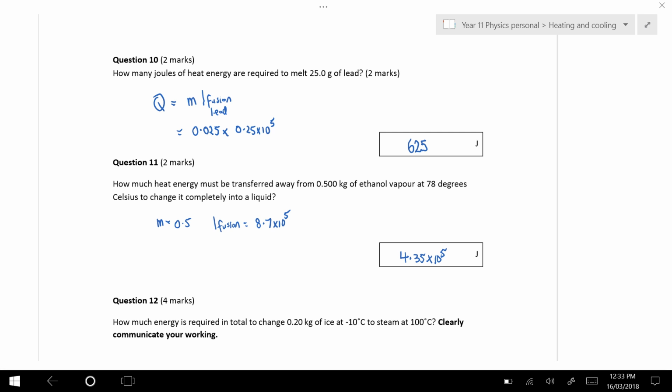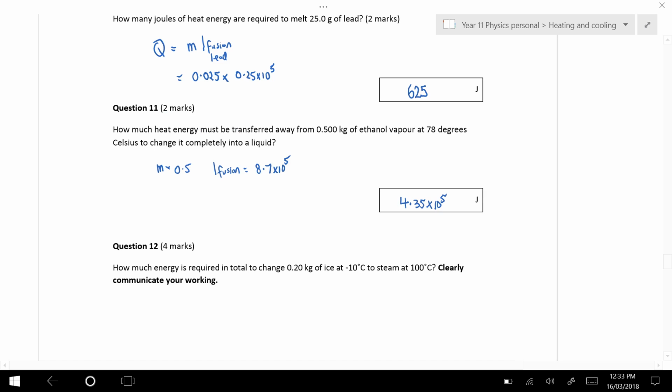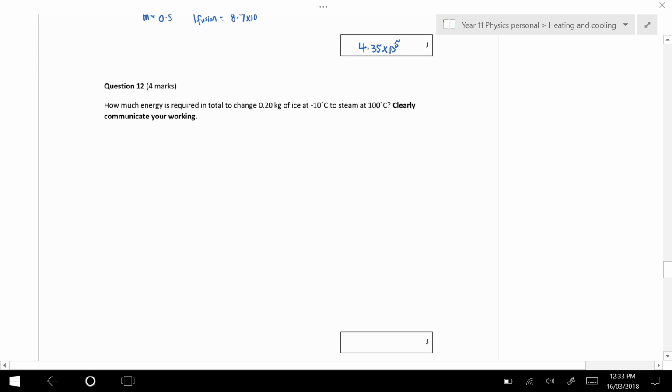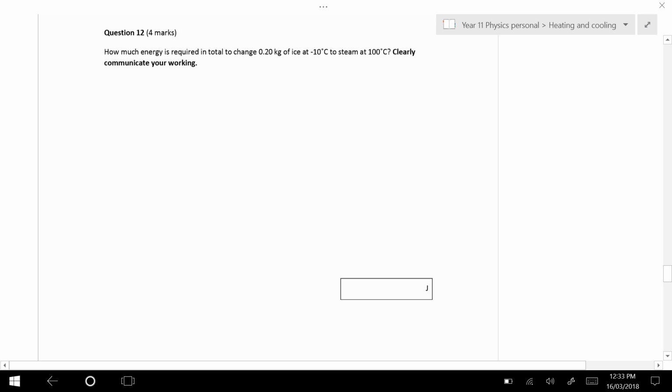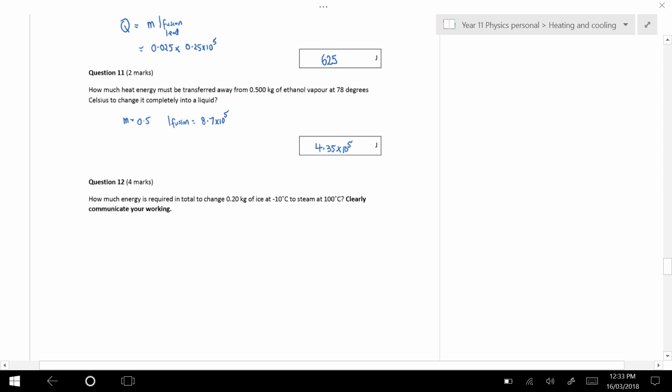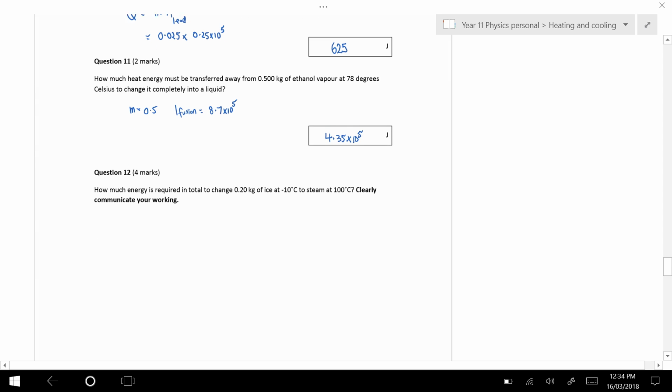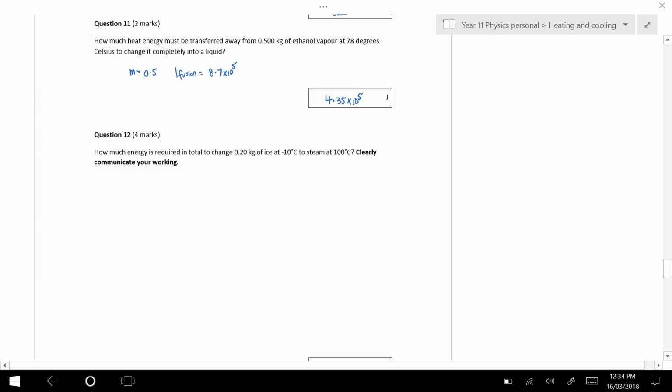Okay, we don't have much left. Actually, we've got only the one question remaining, and this will generally be the hardest one for you guys to do. Is that all right? So what I'm going to do is get you guys to have a go at this one.